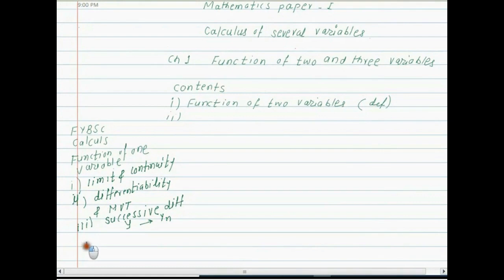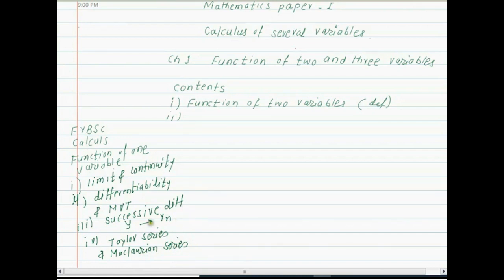Then we have studied series, Taylor series and Maclaurin series for f of x, for a function of one variable.